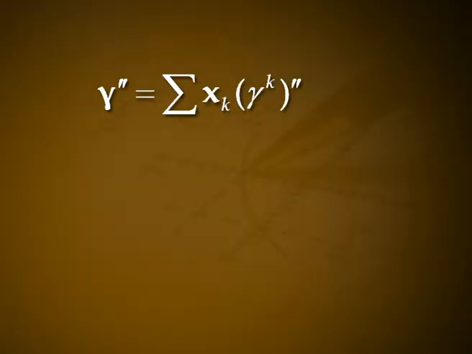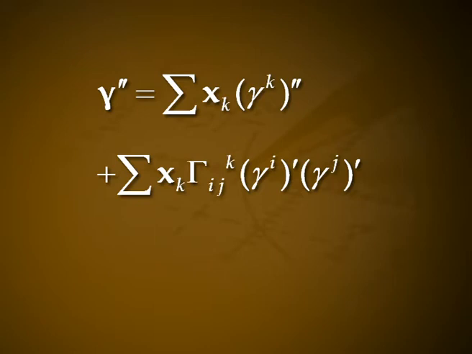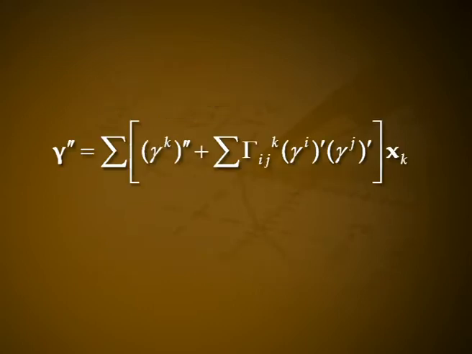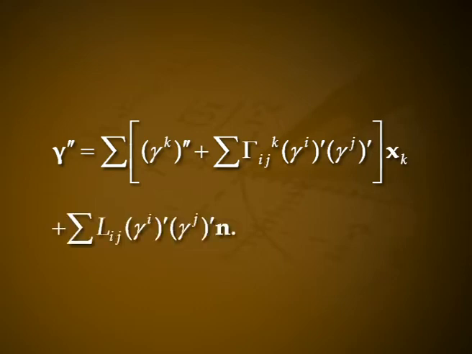(b) Substituting equation 8 into equation 5, we obtain γ'' = Σ x_k γ_k'' + Σ x_k Γ_ij^k γ_i' γ_j' + Σ n L_ij γ_i' γ_j', or γ'' = Σ (γ_k'' + Σ Γ_ij^k γ_i' γ_j') x_k + Σ L_ij γ_i' γ_j' n.